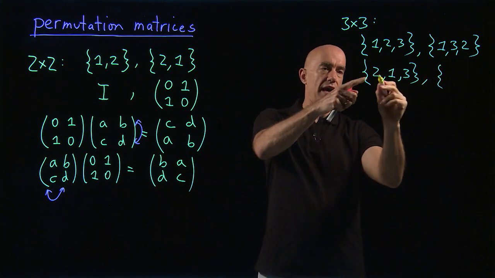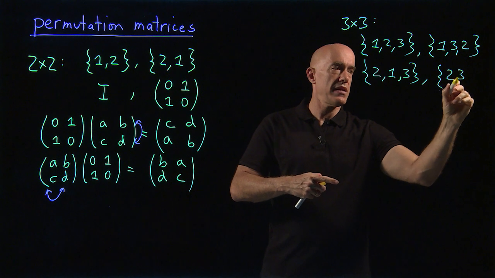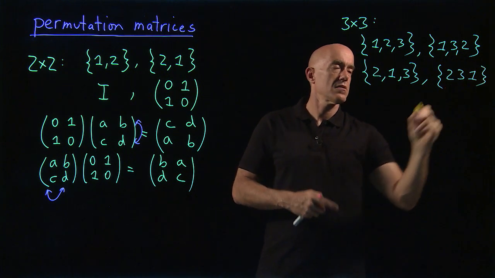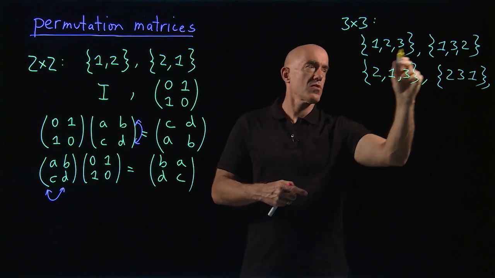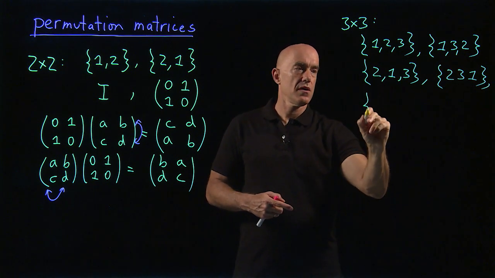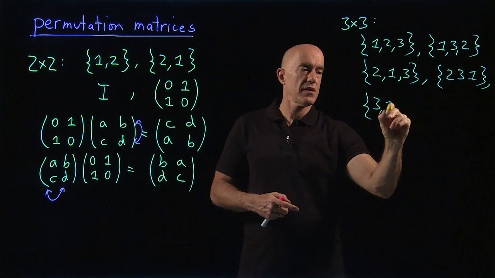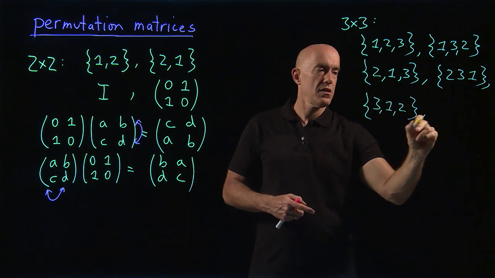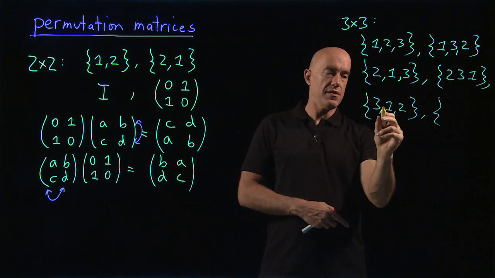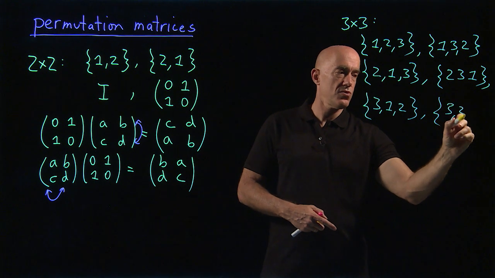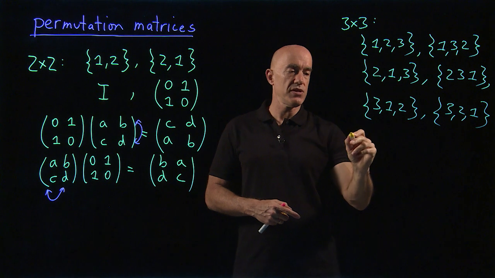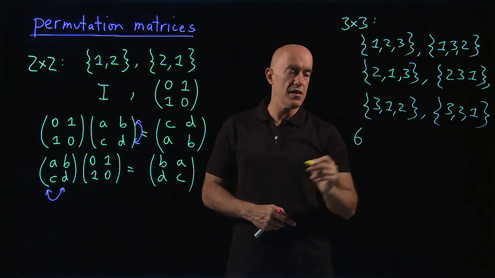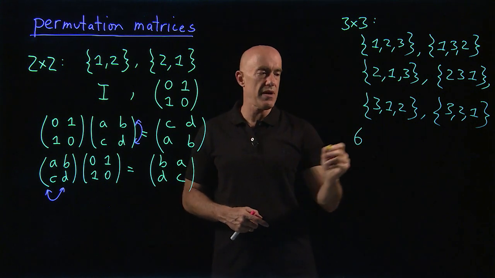Then we can have 2, 3, 1. Then we can put 3 first, and 1 and 2. And then 3, 2, 1. So these are the 6 permutations of the rows of a 3 by 3 matrix.